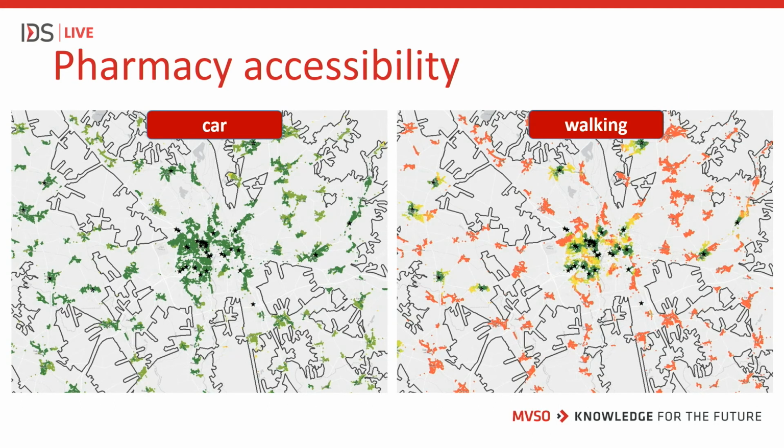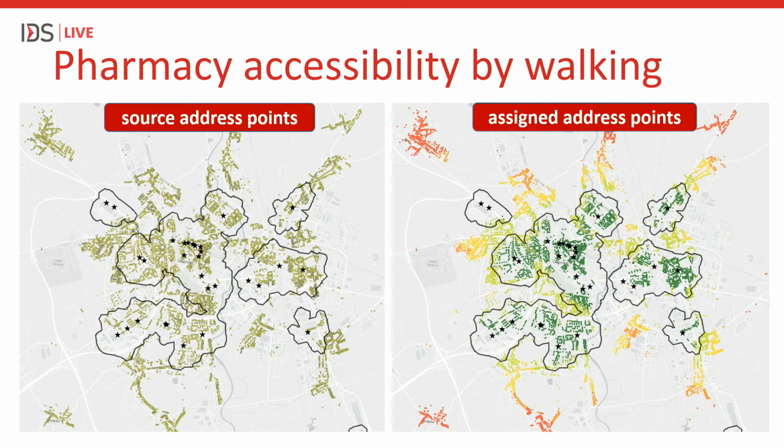This is Olomouc city. On the left side, you can see an example of how accessible a pharmacy is. Simply said, what is green, it's okay. It's accessible by car within 50 minutes, which is pretty okay. On the right side, if we model a similar situation by walking, what you can see in green is okay, and what you can see in yellow or orange or red is not accessible within the set limit.